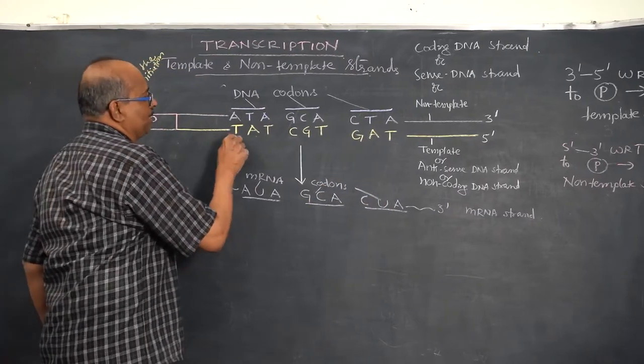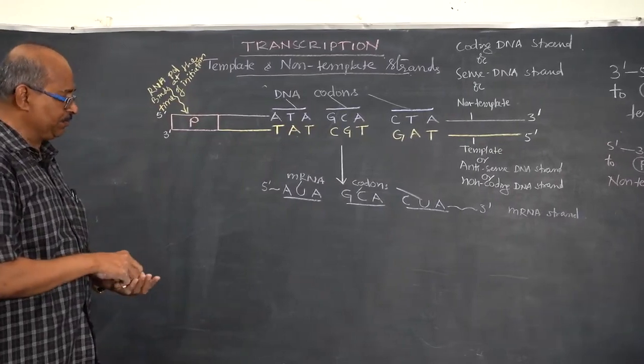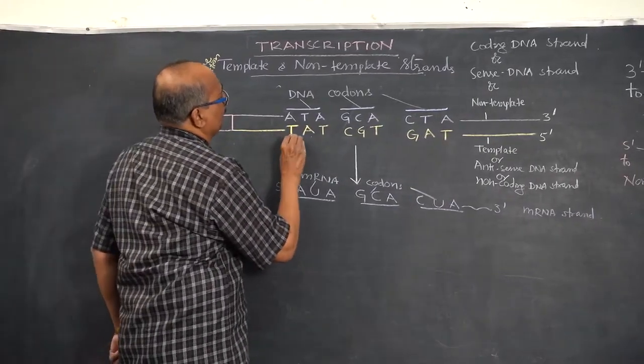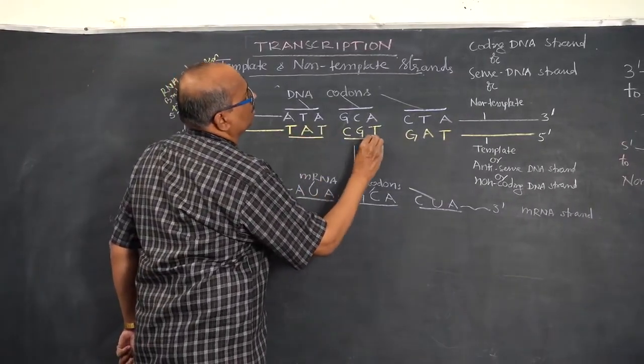Then what about this in the template strand? These we call it as anticodons.